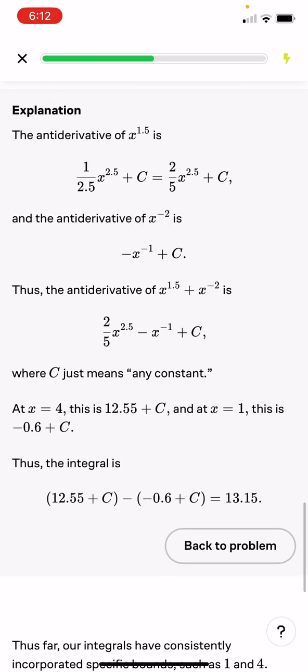Just give me a second. Let me look at this.